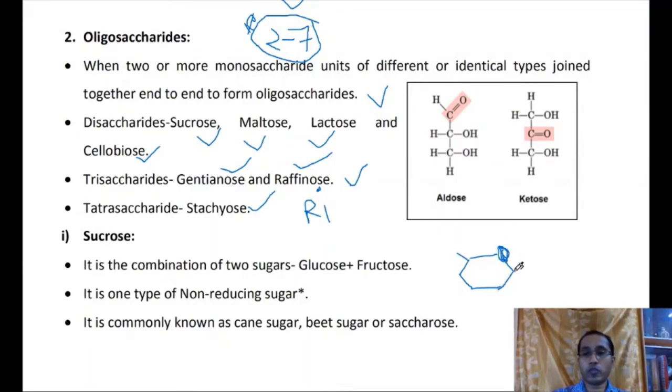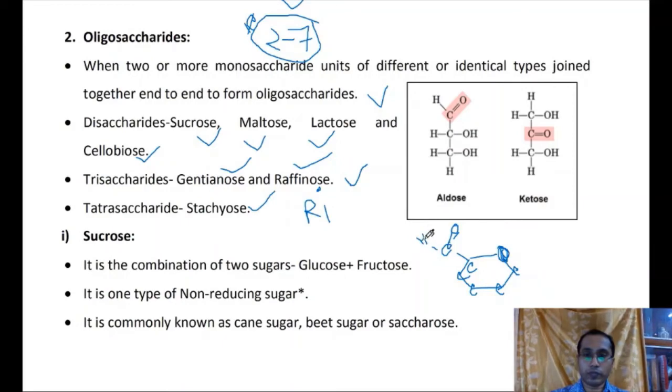It is attached to this carbon here, carbon 1, 2, 3, 4, 5 and 6. Okay, so you can easily remember. Now the valency for glucose will be like this: oxygen and this is hydrogen.